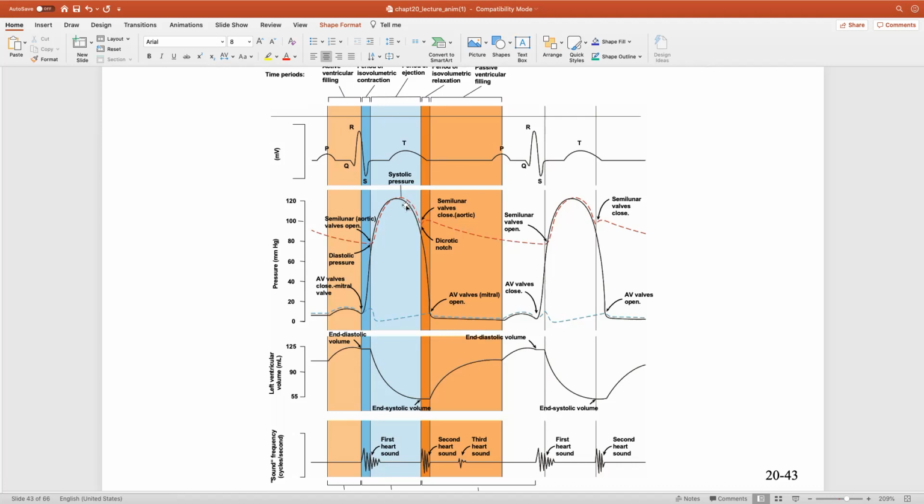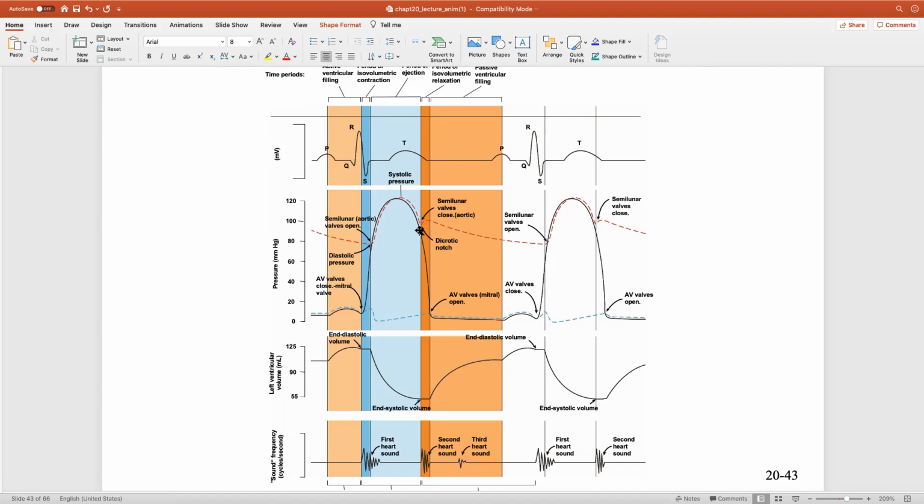But eventually, as more and more left ventricular cardiac muscles relax, the pressure drops tremendously from 120 to about 90. As it hits about 90 right here, the recoil pressure in the aorta is greater than the pressure in the left ventricle.